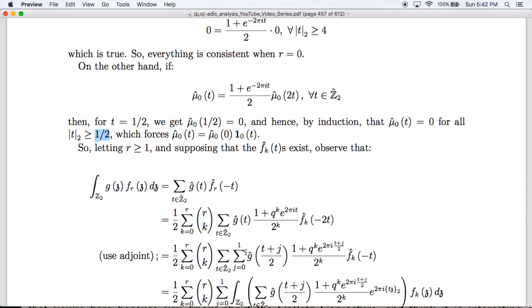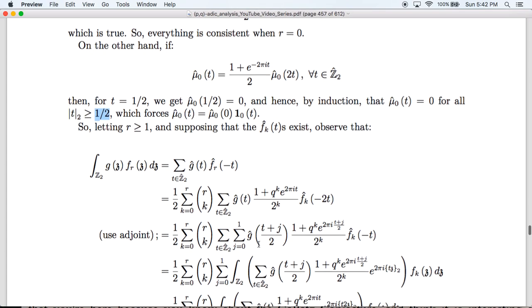So now let's move to r greater than or equal to 1. Suppose that the fk hats of t exist and that they satisfy the recursion relation. Then letting g be continuous, by definition, the integral of this thing, because we know that this is the Fourier transform of fr, this is our Parseval-Plancherel formula. We then use our recursion relation for fr hat.